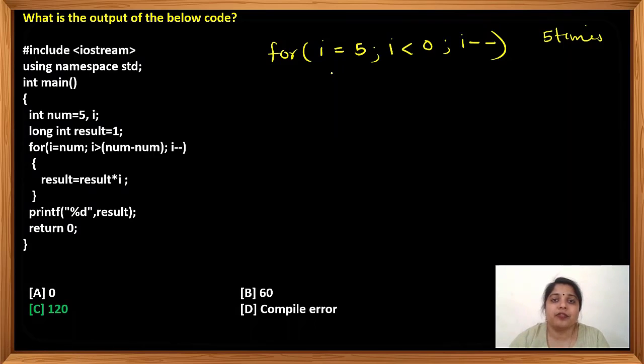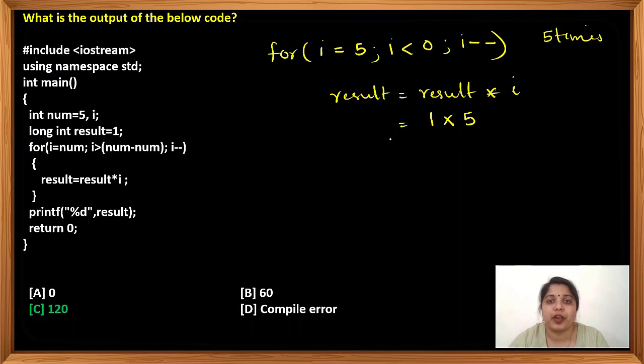Then inside this for loop, we have one statement only, which is result is equal to result into I. Initially the value of result is 1. 1 into, initially I is 5. So value of result is now 5. Second time, it is 5 into 4, it is 20.